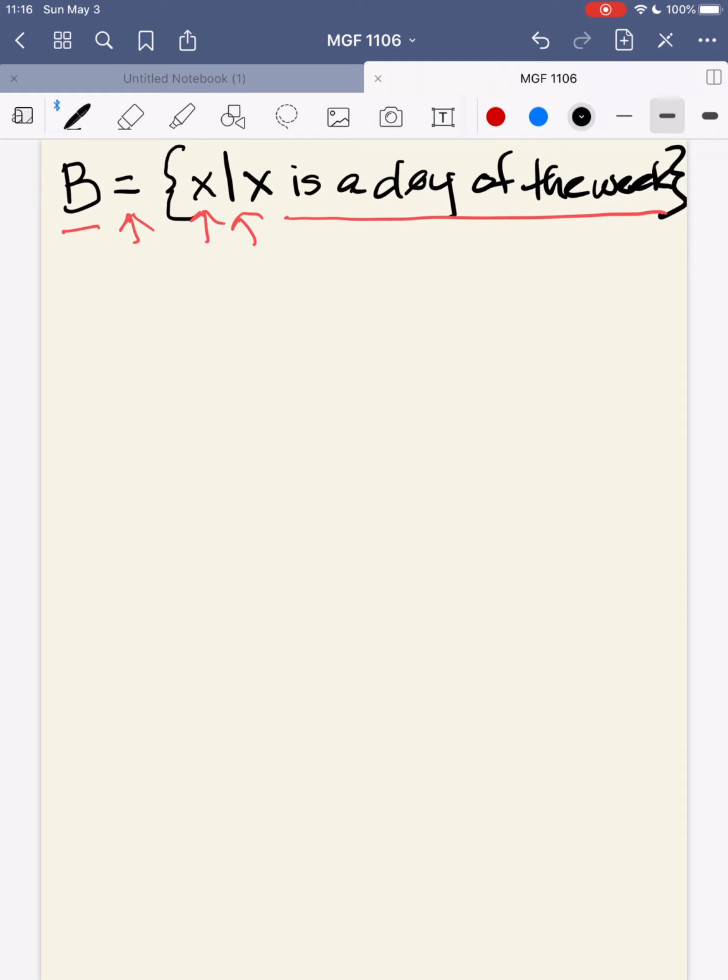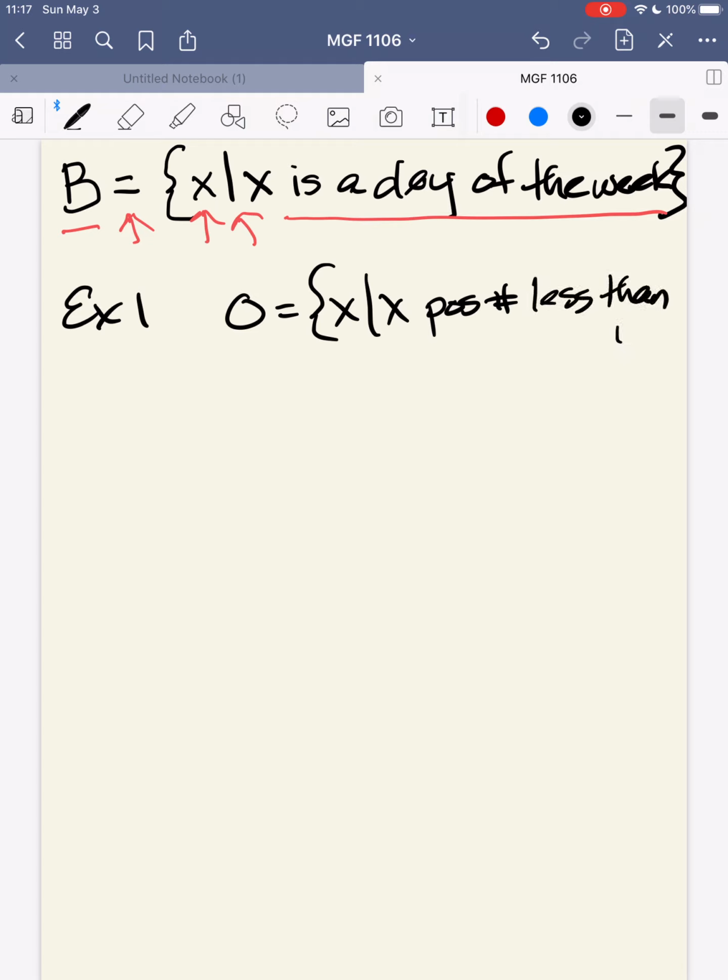I'm working from the workbook and I'm going to look at example 1. It says express the set using roster method, and it gives us O is equal to the set of all x such that x is a positive odd number less than 10. And it wants that in roster method. So roster method is our set O equal to, and remember with roster method, I actually have to list these numbers.